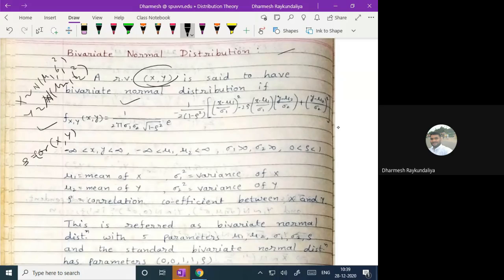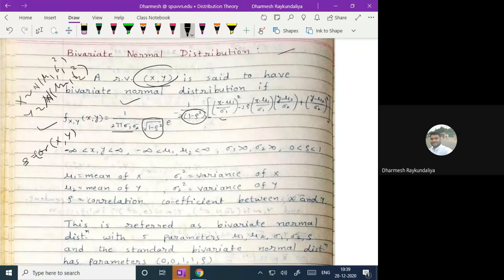So the PDF is 1 upon 2 pi sigma 1 sigma 2, and this part will be added extra, that is 1 upon square root of 1 minus rho square, and e raised to minus 1 upon 2 (1 minus rho square). That part is extra.